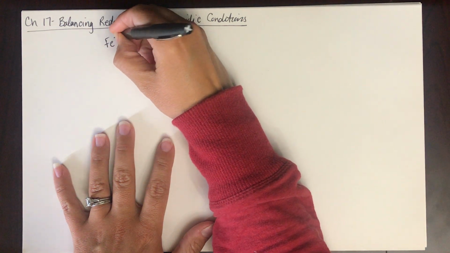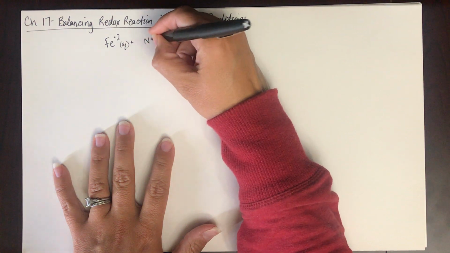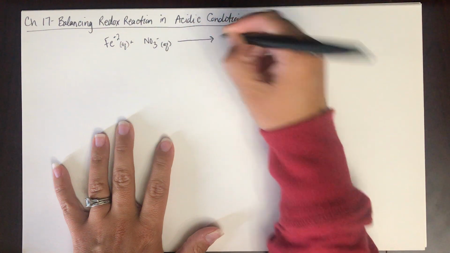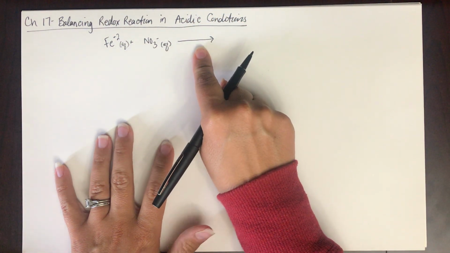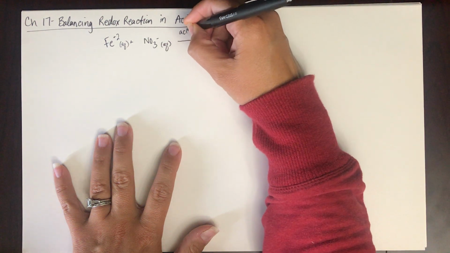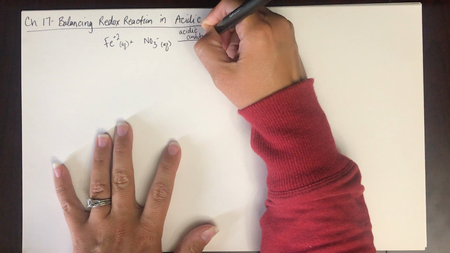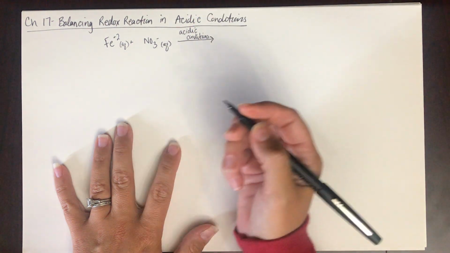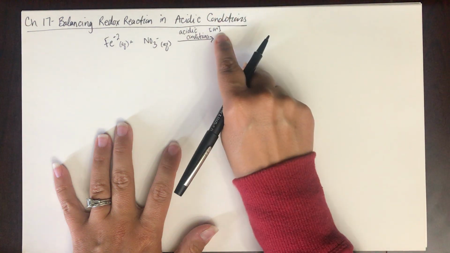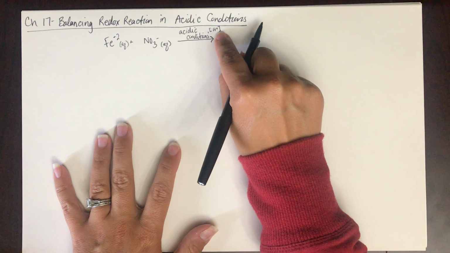So here it's iron 2 aqueous plus the nitrate ion, which is also aqueous. And then it will either say in the problem, in acidic conditions, or sometimes you'll see acidic conditions written over the arrow, or sometimes you might just see a hydrogen ion in brackets, meaning this is an acid.